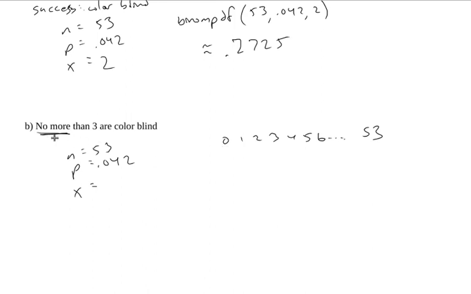Alright, so the probability that no more than 3 are colorblind, well, we could go up to 3 being colorblind. So that means x is less than or equal to 3. And you'll notice this is exactly this number or fewer. This is exactly the setup we need for binomial CDF.